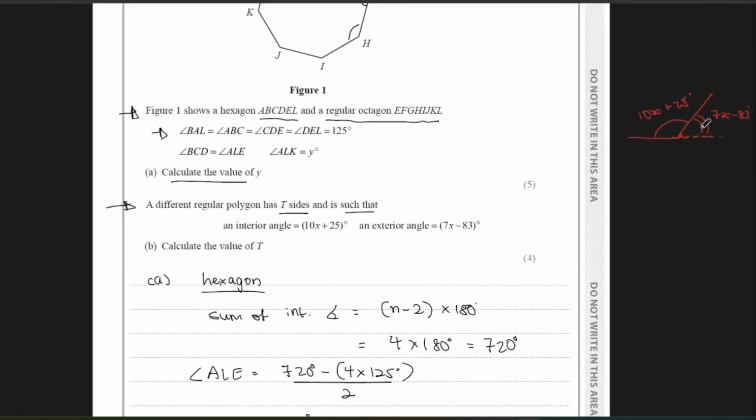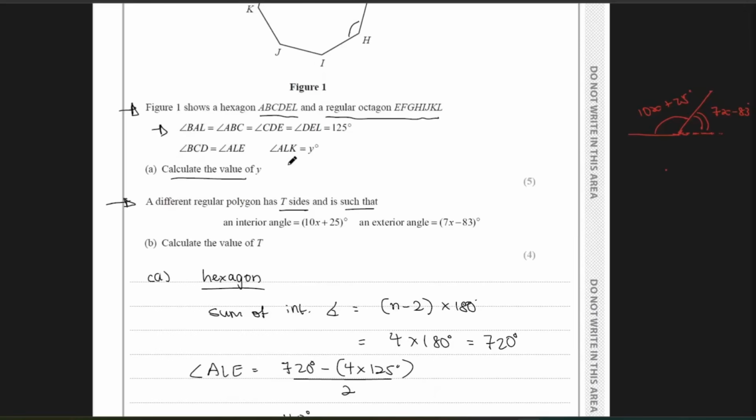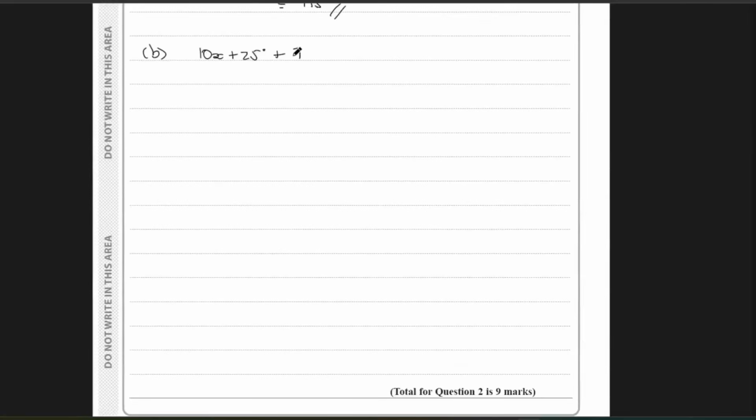If we look at the relationship between these two, they should add up to 180 degrees because they lie on a straight line. We can use that to calculate the exact values. The interior angle 10x plus 25 plus the exterior angle 7x minus 83 is equal to 180 degrees.